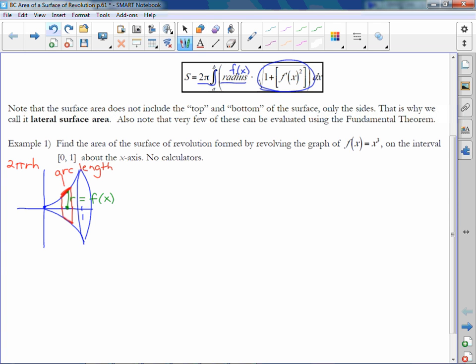Okay, let's go ahead and start number 1. S is going to be equal to 2 pi, integrating with respect to x from 0 to 1. Our radius is x cubed. And then our arc length is the square root of 1 plus the derivative of our function, which is 3x squared, and then we square that, dx.